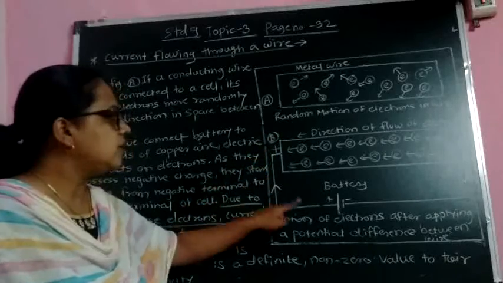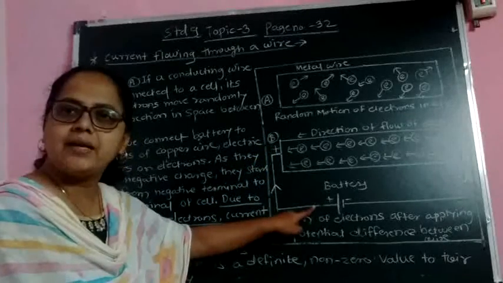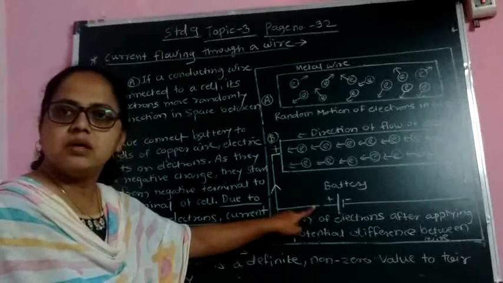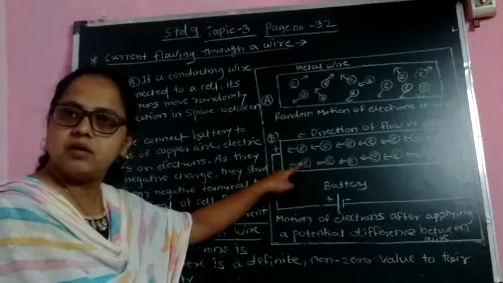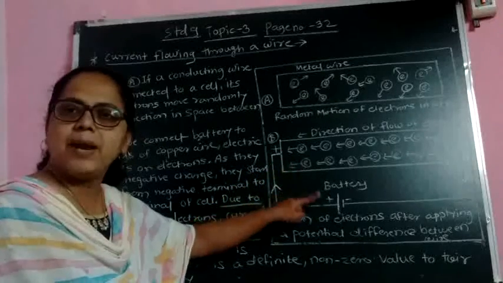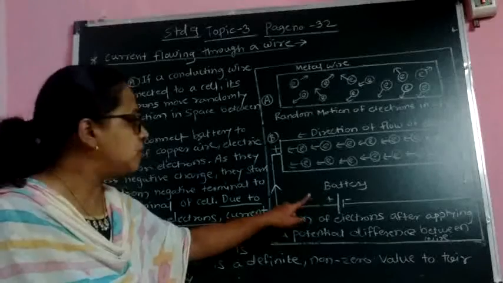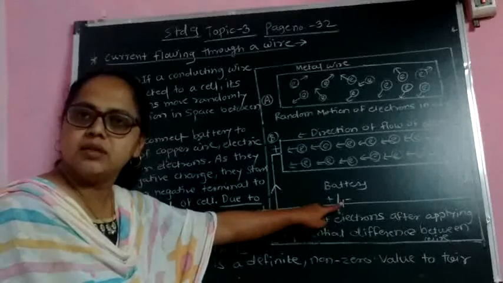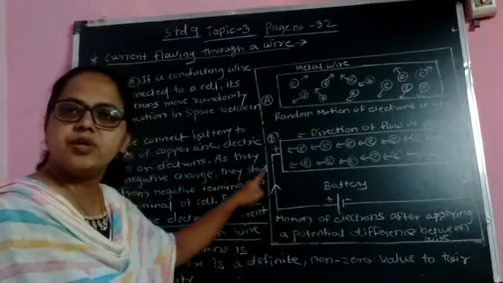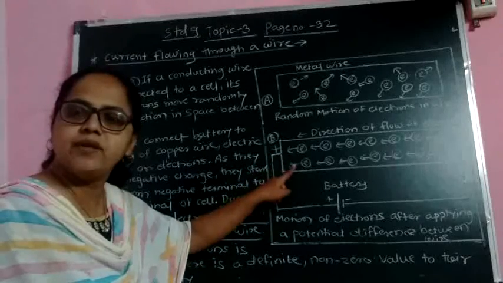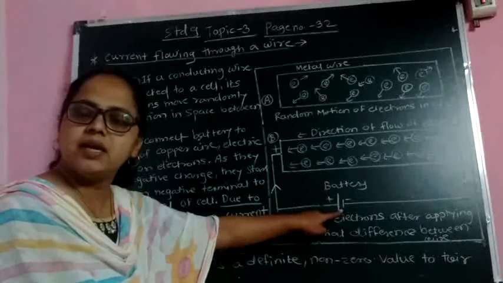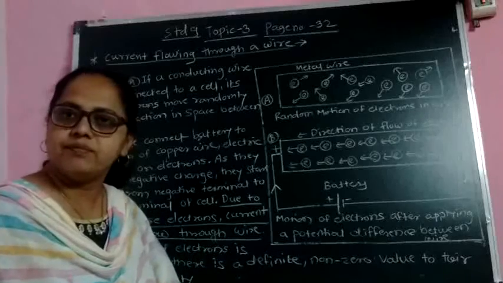In diagram B, you can see the battery is connected to the copper wire. The battery has two terminals, a positive terminal as well as a negative terminal. The positive terminal is connected to one end of the wire and the negative terminal is connected to the other end of the wire.